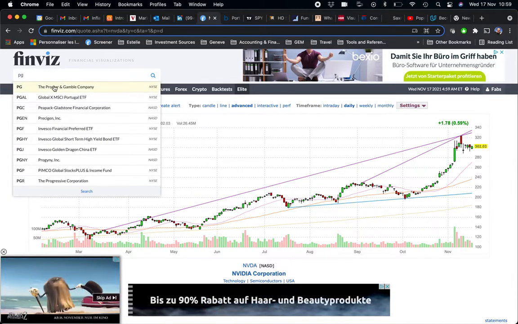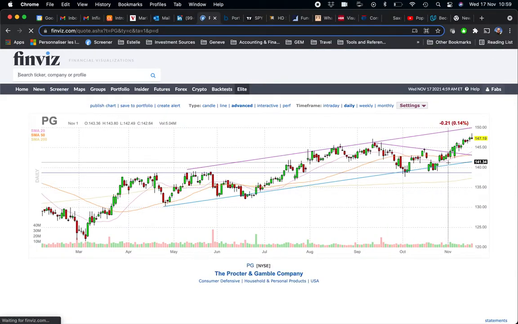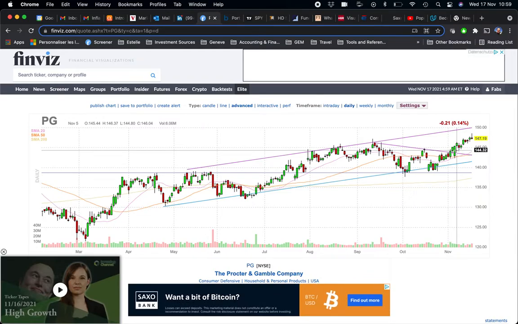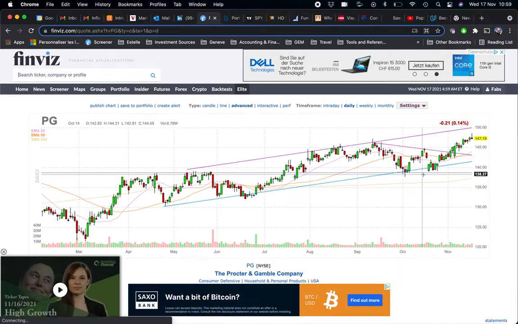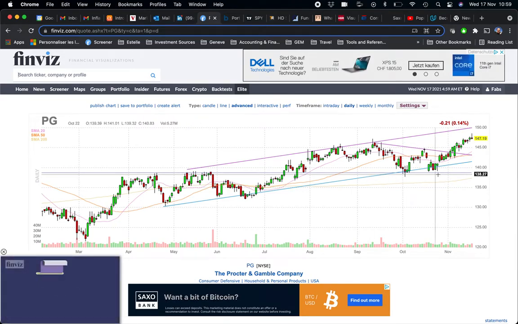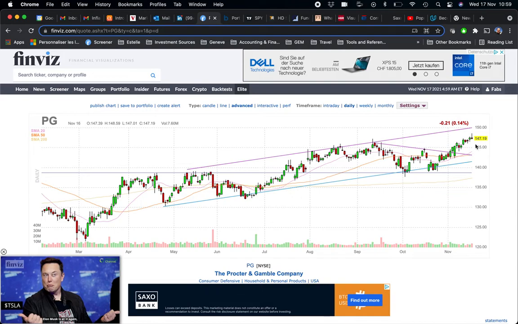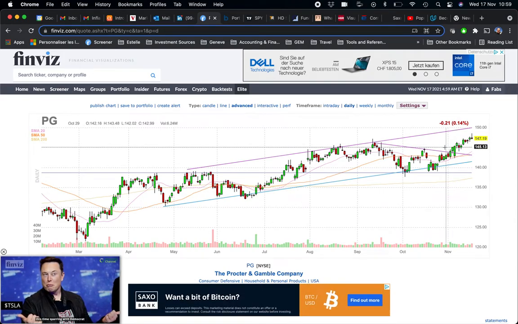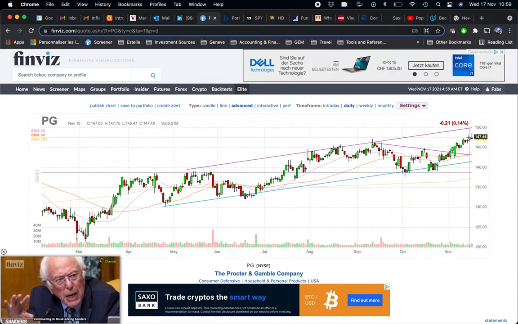Let's imagine that you have a company like Procter & Gamble. You bought your stock at this level, 145, and you put your stop loss below this support level, 138. You can keep it at this level, because if you bought at 145, you only have $2 in profit.